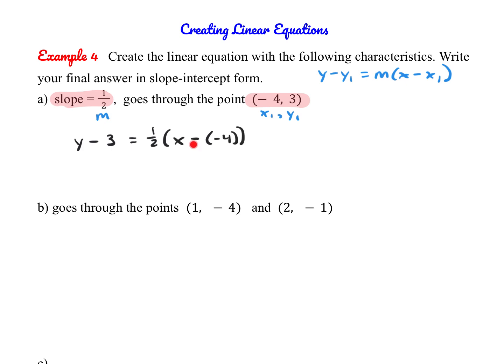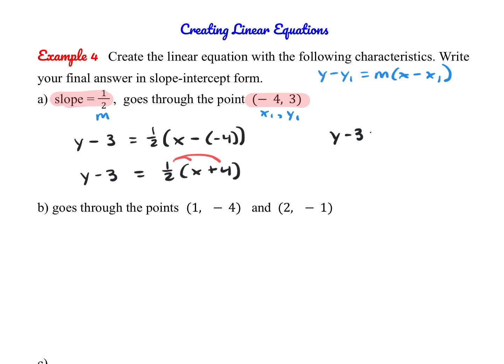So notice I have the minus sign from the equation, and then the -4 comes from the x value of my coordinate. So now I just need to distribute and solve for y to write my final answer in slope-intercept form. So we have y minus 3 equals 1/2 times x plus 4. And again, I'm going to distribute the 1/2 here.